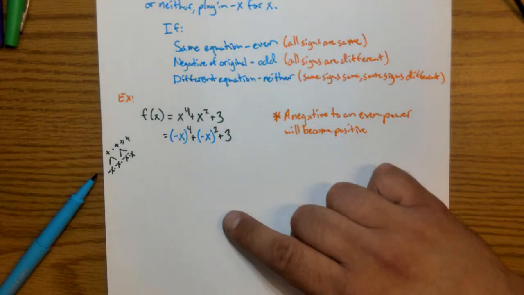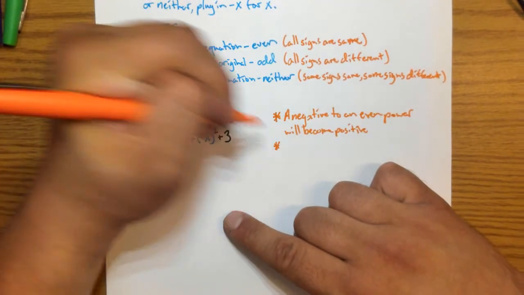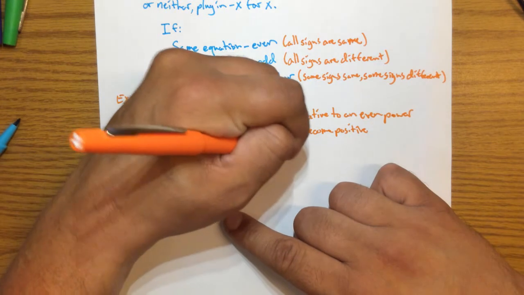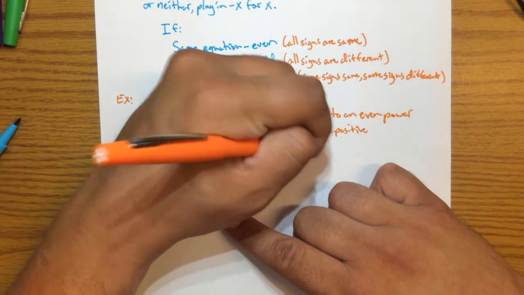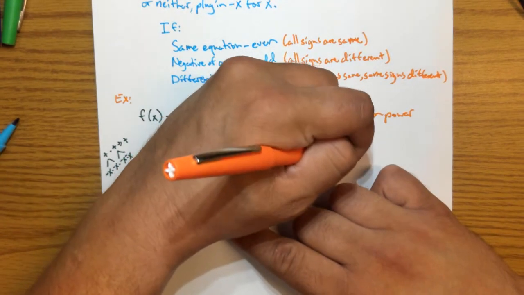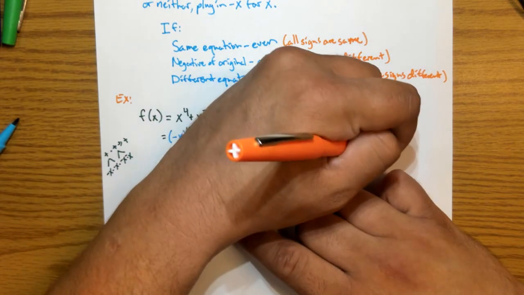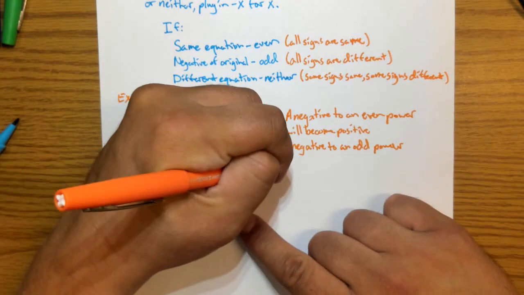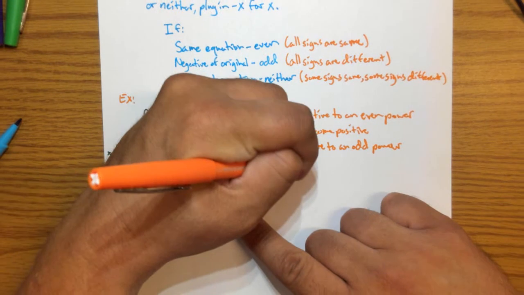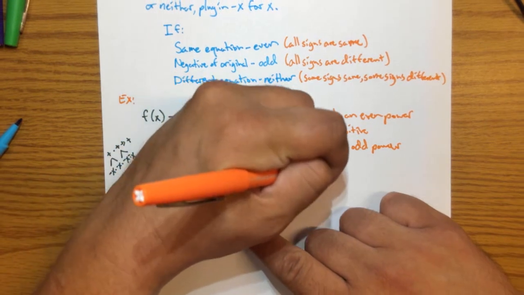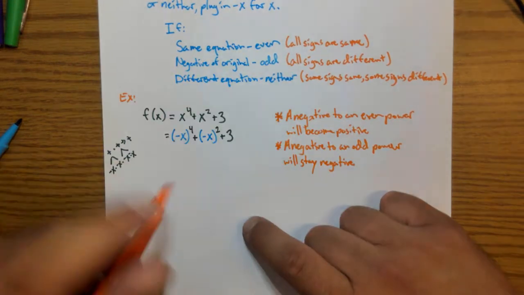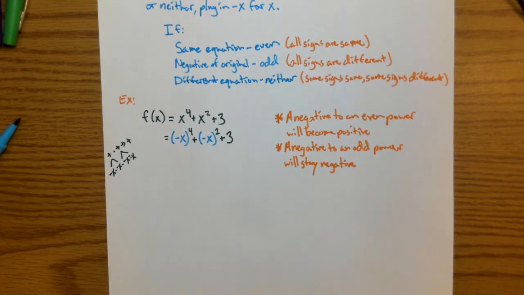Always, always, always. Likewise, a negative to an odd power will stay negative. So just keep that in mind.